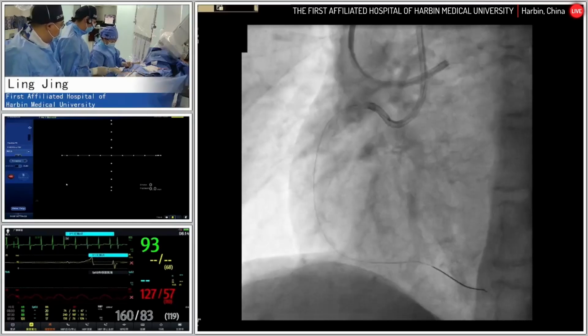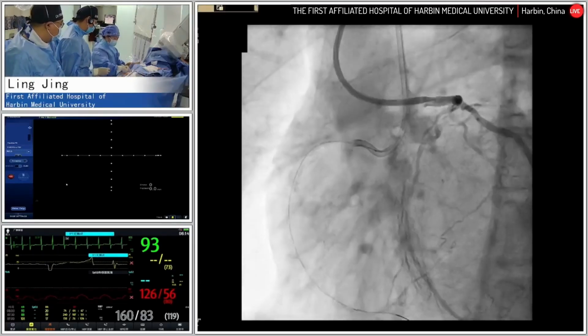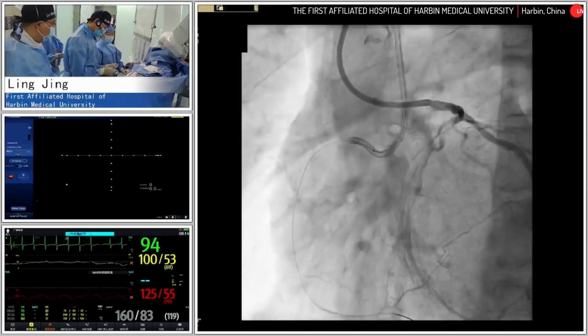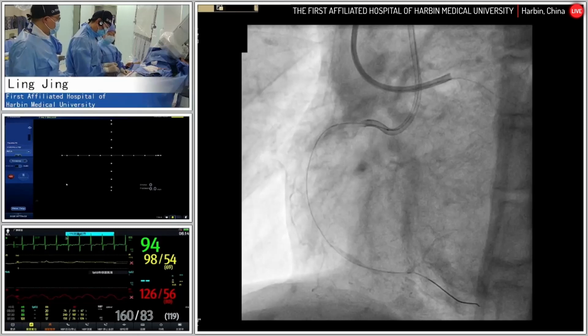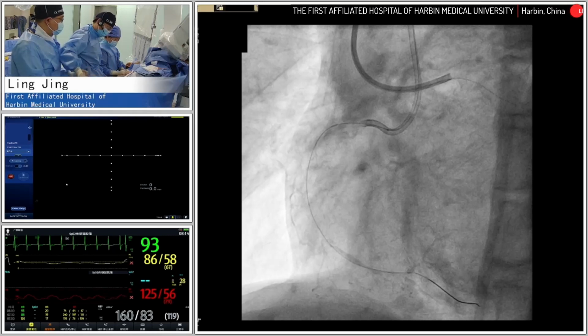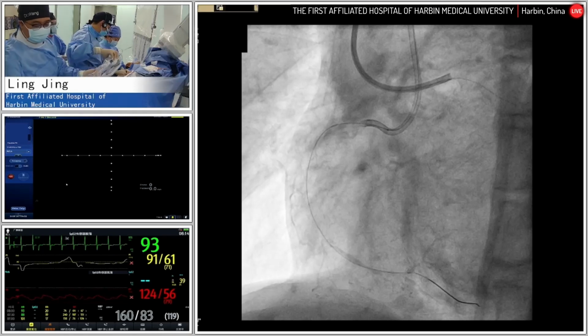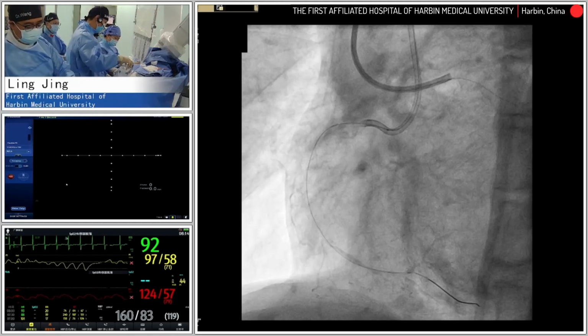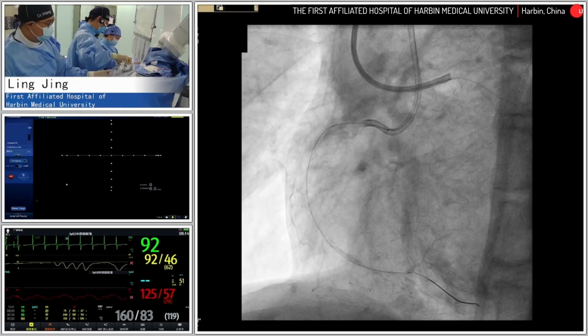So maybe some teaching points need to be emphasized for this patient. Like I emphasized and Dr. Wang Tengyu introduced, this is a CHIP patient. It's a triple vessel disease. We notice that the RCA is totally occluded and the circumflex is semi-occluded, and that we performed PCI last time. And in the LAD, there is a focal moderate to severe stenosis.